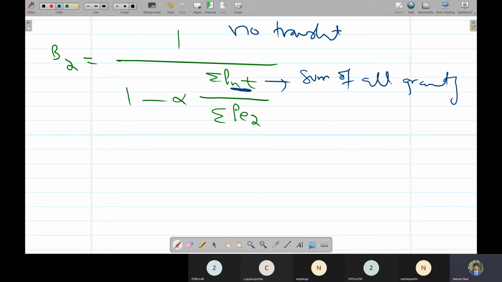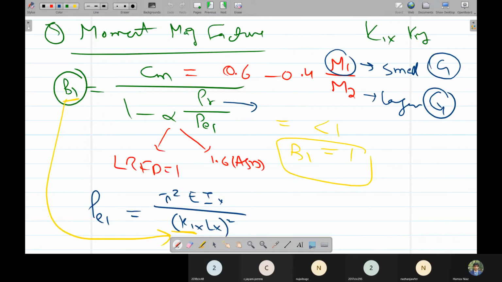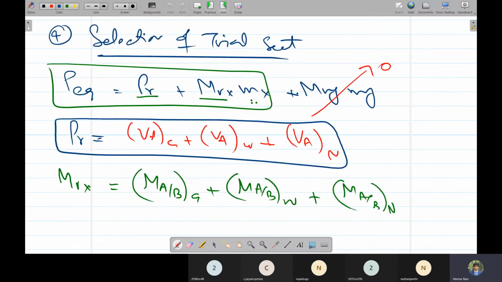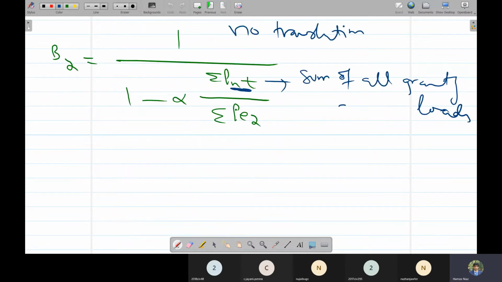So gravity loads do not cause any lateral movement. We are going to use only gravity loads in this section. So 1.2 Pu plus, again, 0.5 Pu plus omega u into x. Same as before. This is the sum of all gravity loads and PE2.